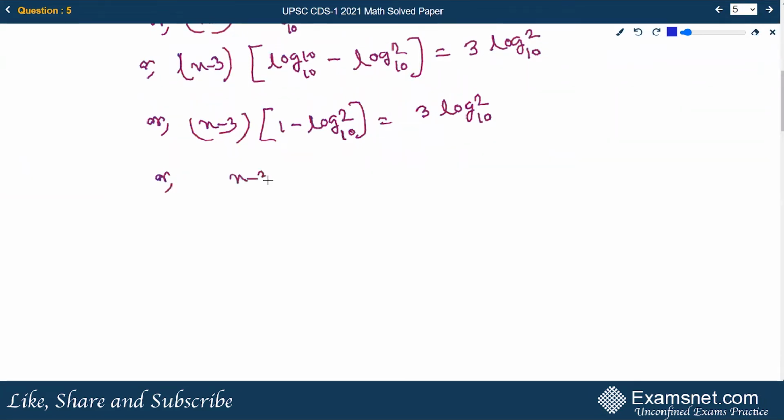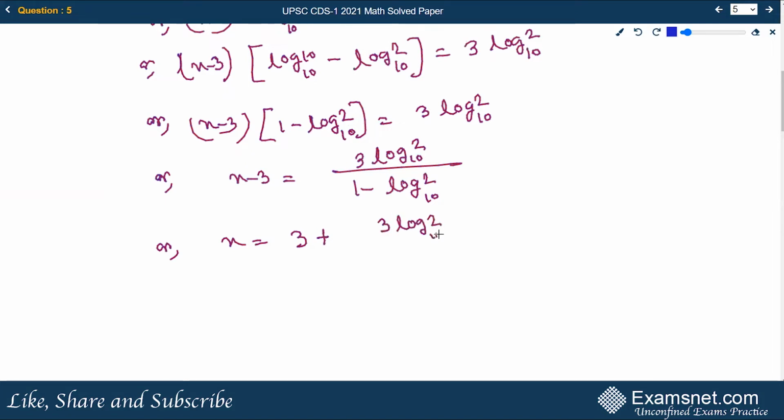Further, I can write x minus 3, 3 log 2 to the base 10 by 1 minus log 2 to the base 10, or let's keep x alone in the left side. It will be 3 plus 3 log 2 to the base 10 by 1 minus log 2 to the base 10.